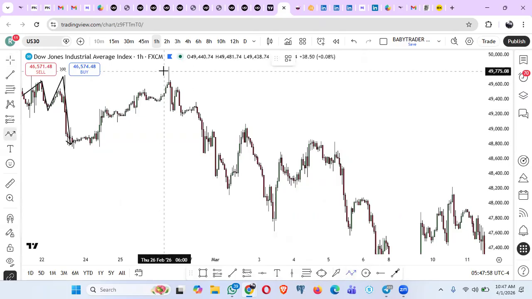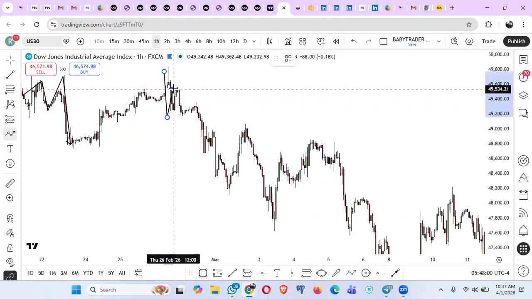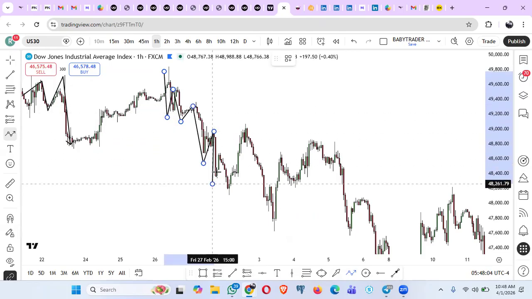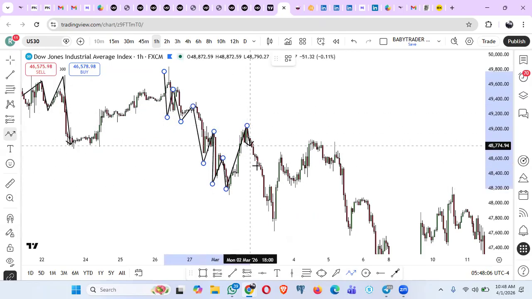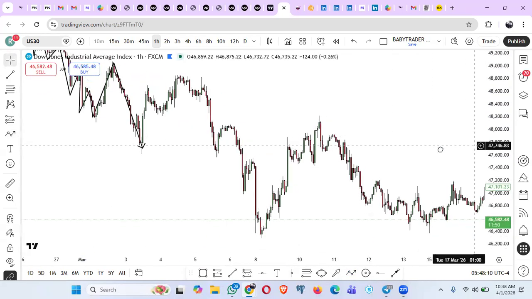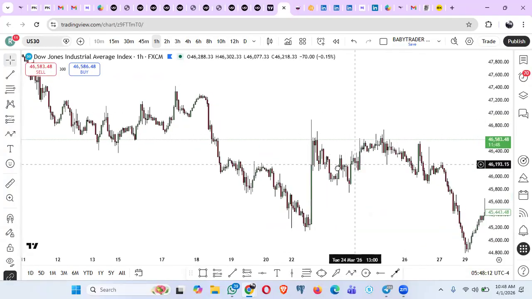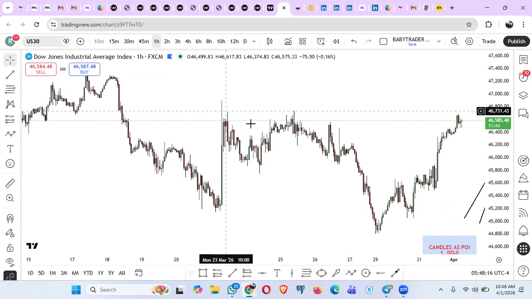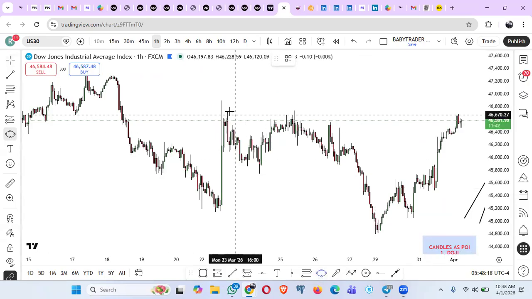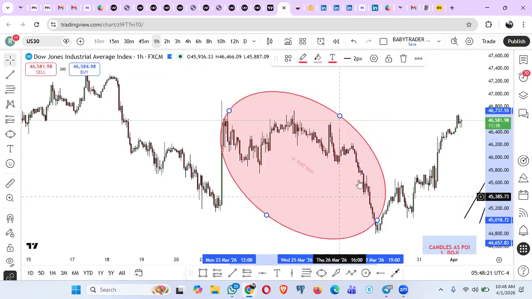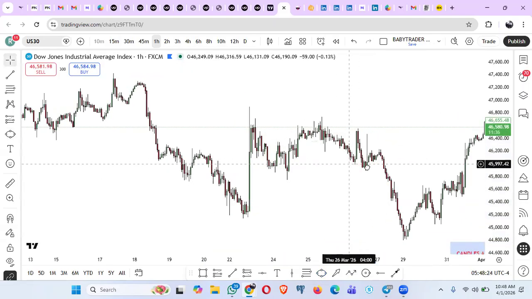The same thing here: came down, came up, down again, up, down again, up, like that. Bearish markets. So the market has been bearish. This place too, that was a bearish market as well. Are we following?